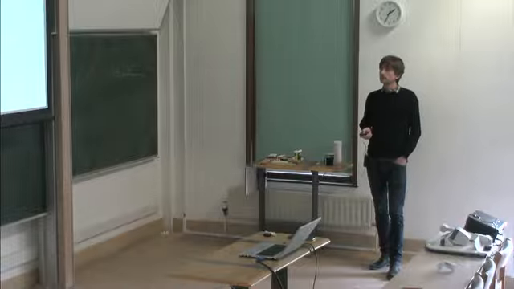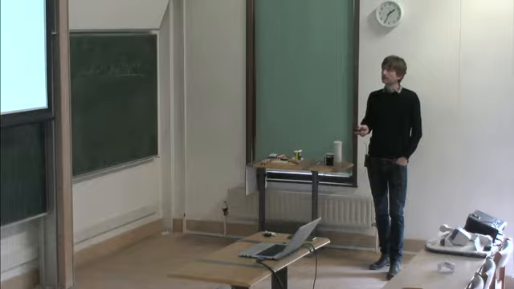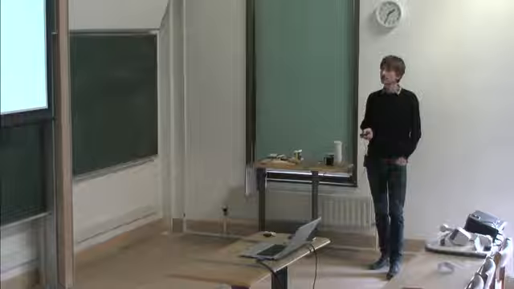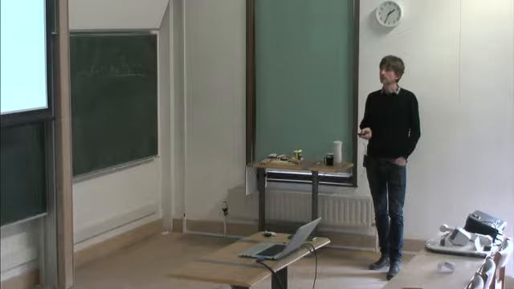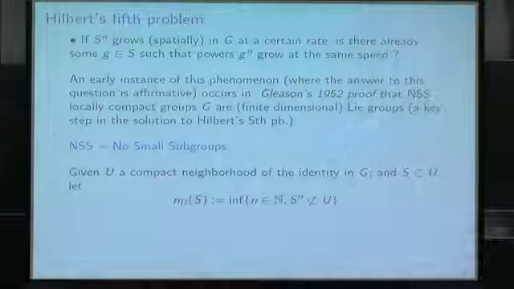So the setting is this. Suppose U is a compact neighborhood of the identity in a locally compact group G, and for a subset S in U, I'm going to define this number. It's the length, the first n for which S to the n pops out of U. Okay, so you have maybe this picture.